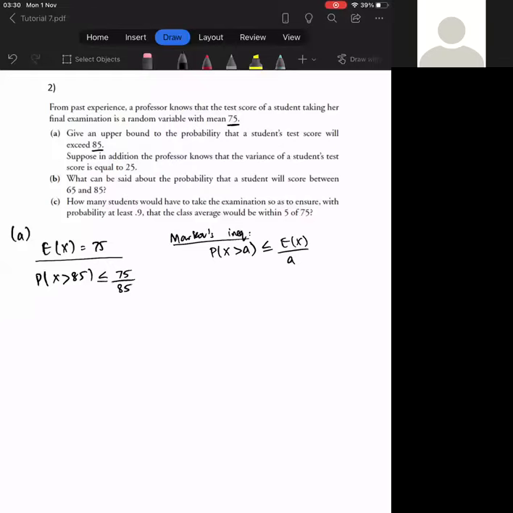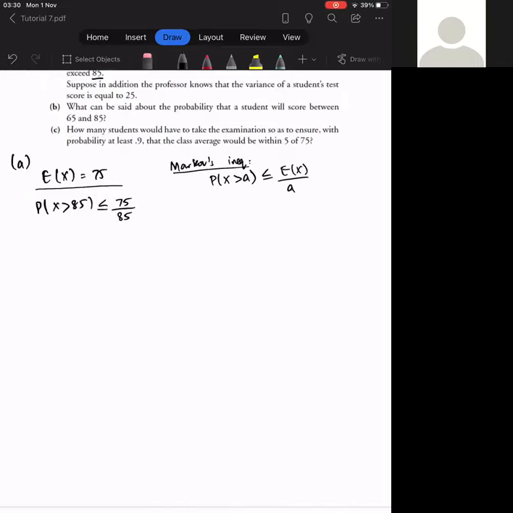However, in part B, we're told that in addition, the professor knows that the variance of the student's test score is equal to 25. So for B, now we know that the variance is equal to 25. What can be said about the probability that a student will score between 65 and 85?